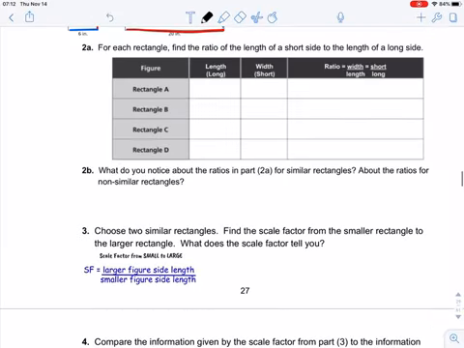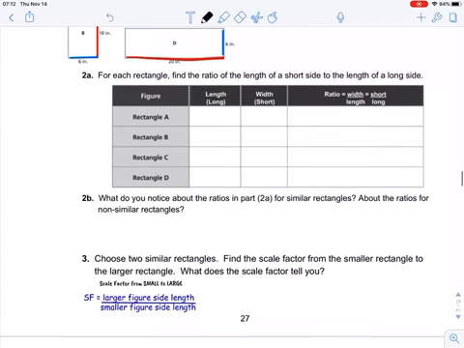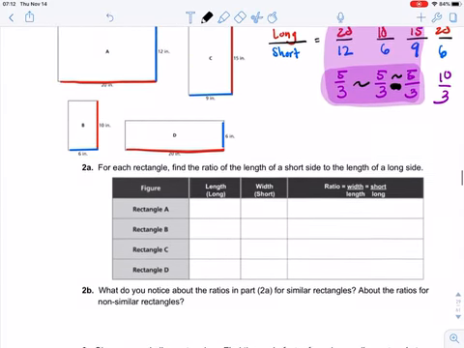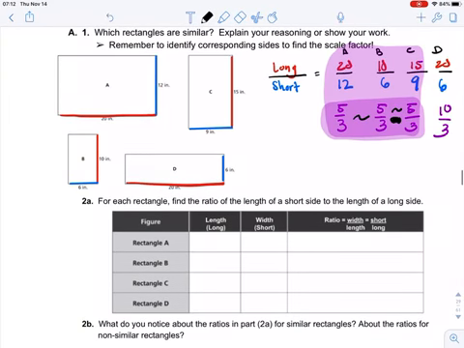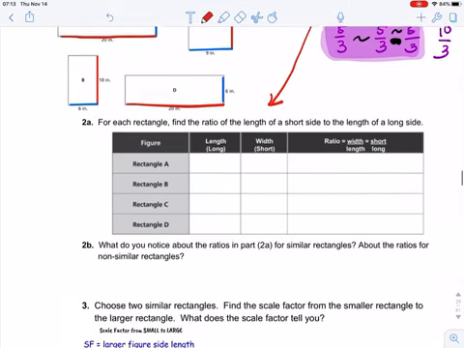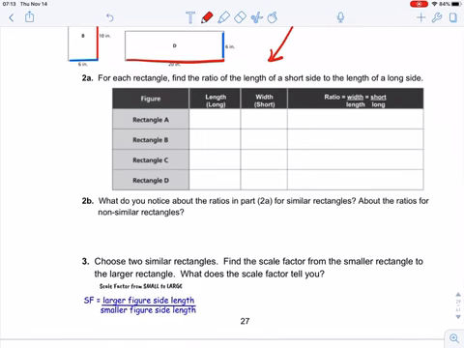Okay? You're going to try 2A and 2B. Well, actually, we already did that. So we already got all this data, and all this data goes here. So we already did 2A and 2B.